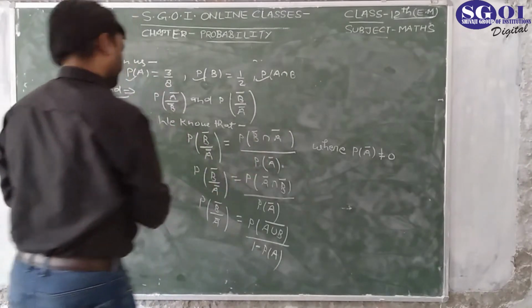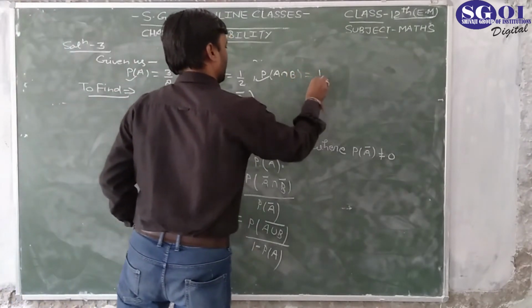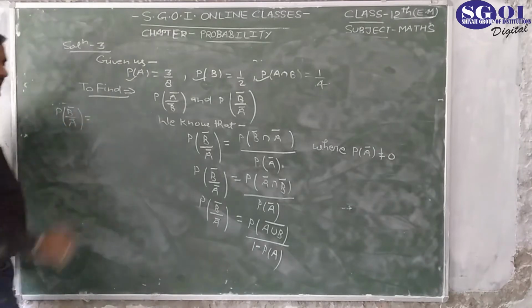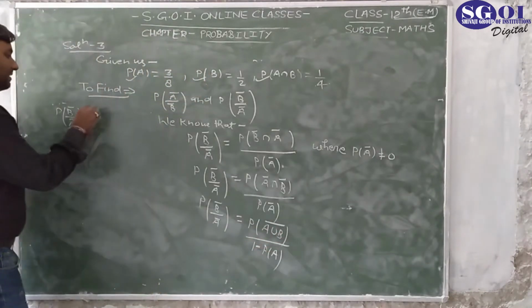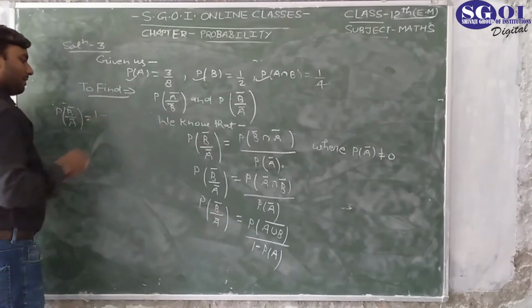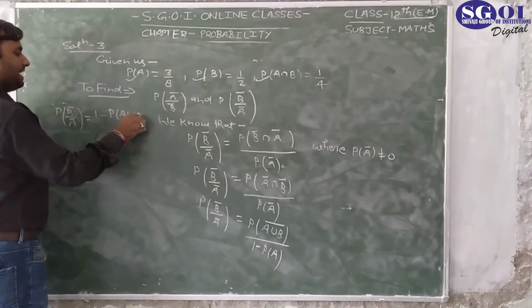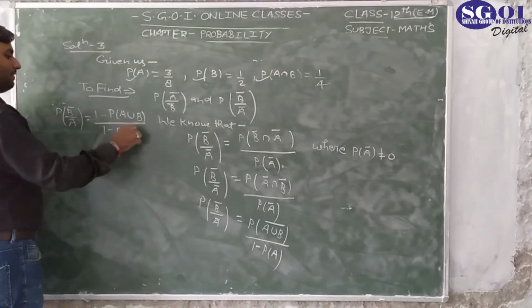Now probability of B bar upon A bar is equal to, we can write probability of (A union B) whole bar as 1 minus probability of A union B, upon 1 minus probability of A.